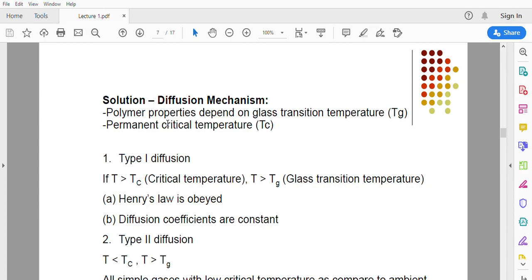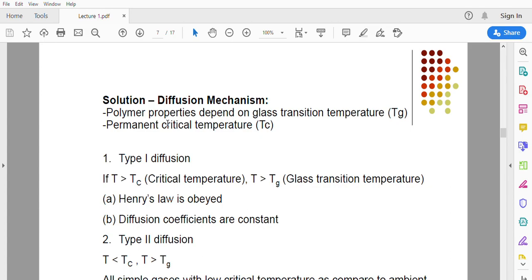So this is the critical temperature. Above the critical point, the fluids are called supercritical fluids. So air is a supercritical fluid. It cannot be condensed or liquefied by simply increasing the pressure.